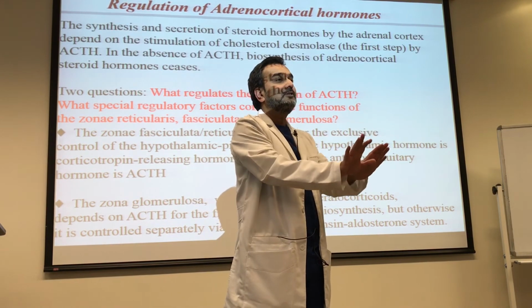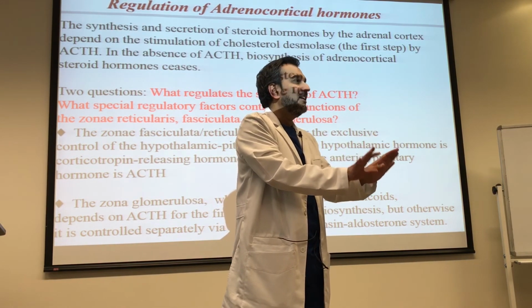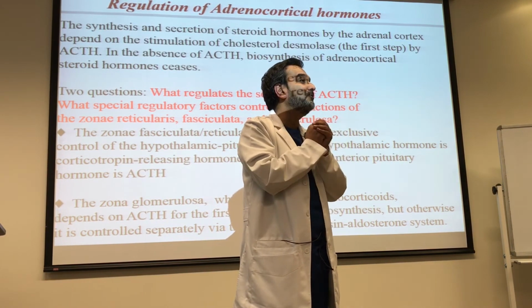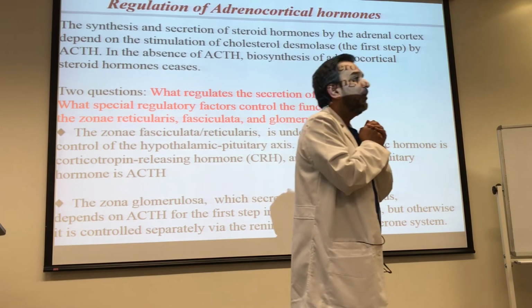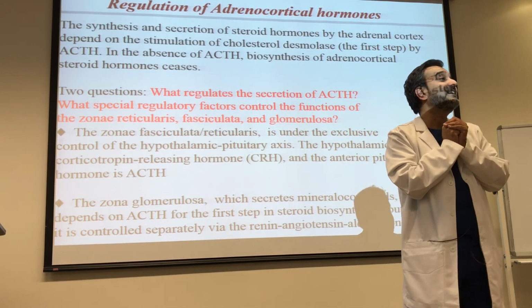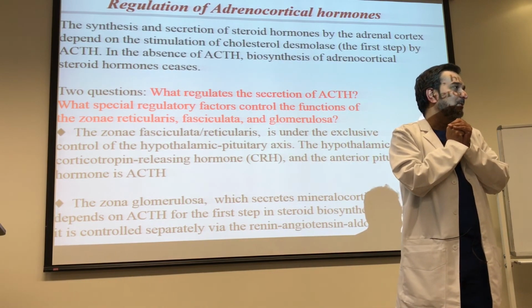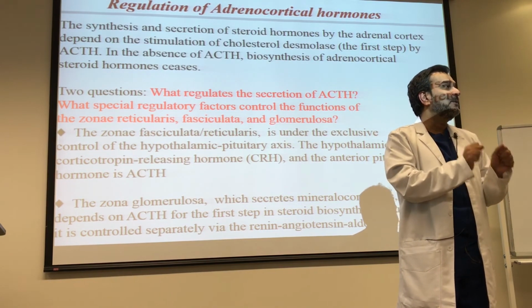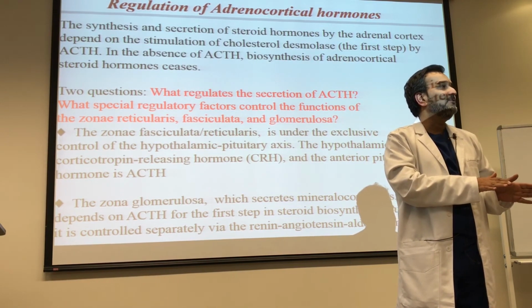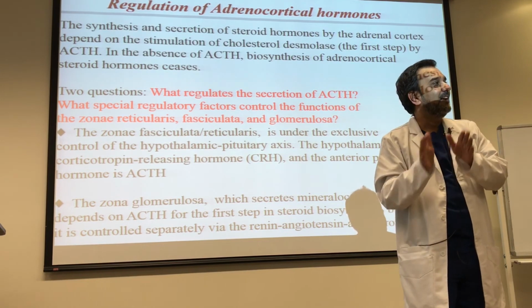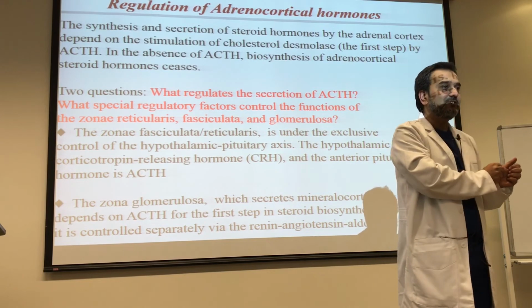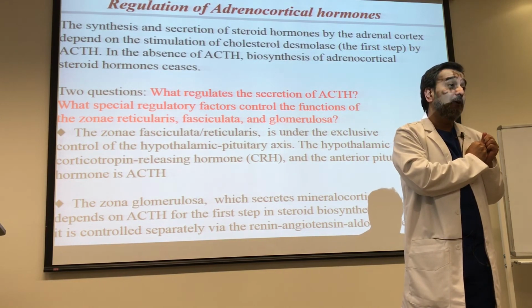Because cortisol does not have mineralocorticoid activity, but it has more affinity to bind to the receptors of aldosterone in the kidney. So there is an enzyme within the kidney which converts cortisol into another product which does not have an affinity to bind to the receptors of aldosterone.